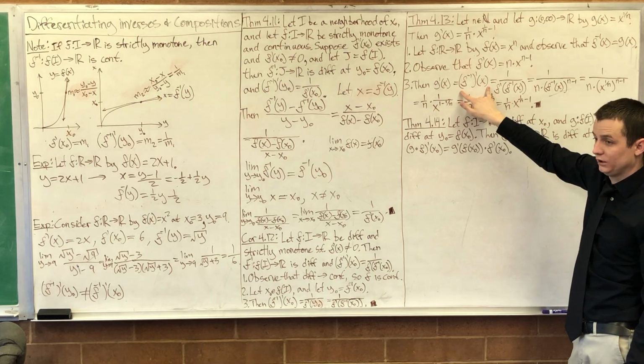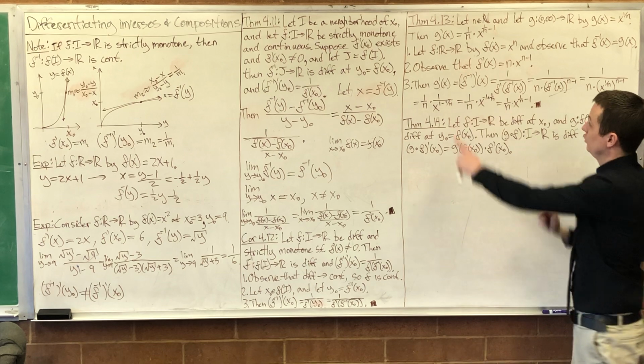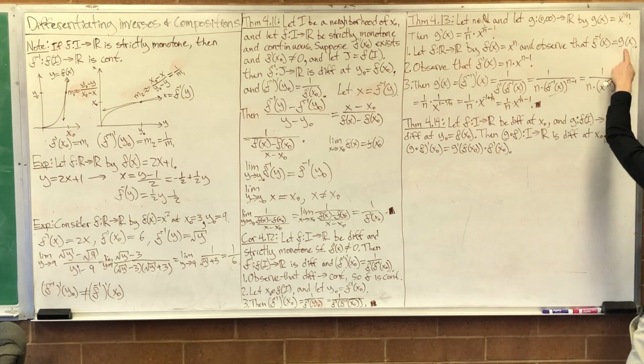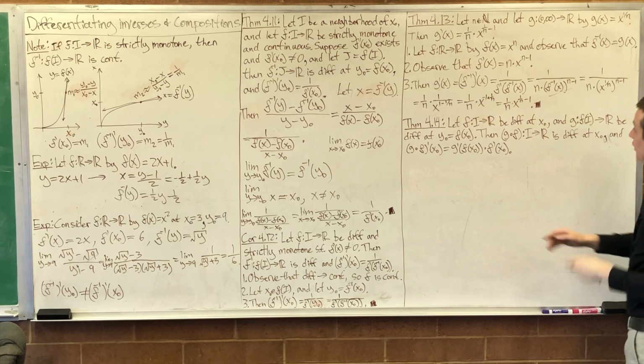You with me up to here? How g prime of x and the prime of this thing are the same thing, since g and f inverse are the same. Yeah. Okay.